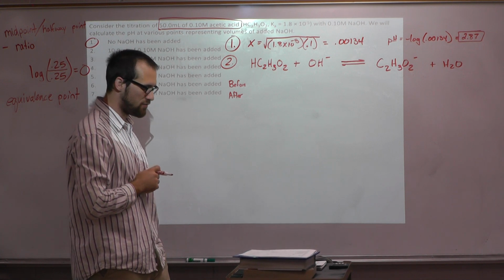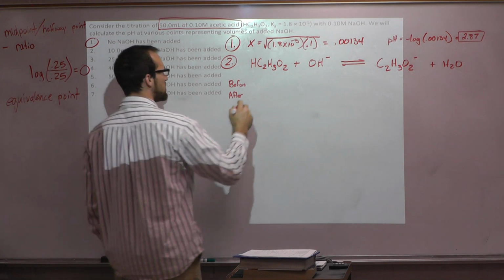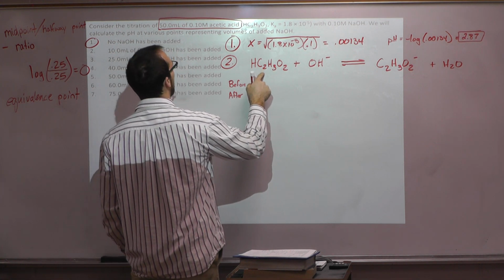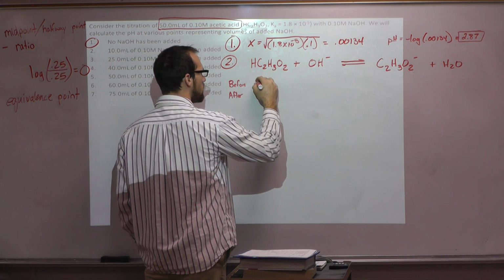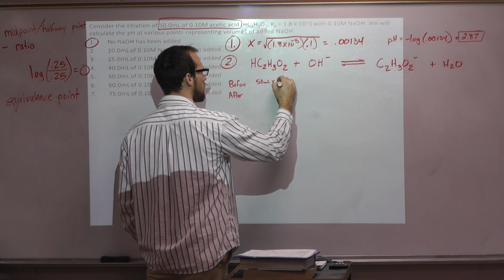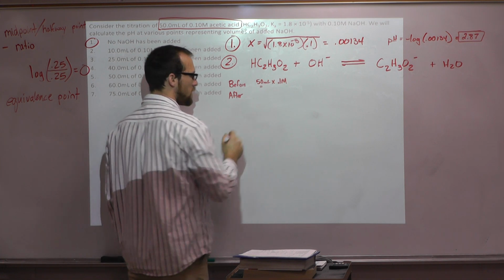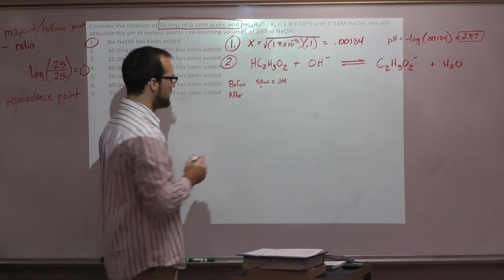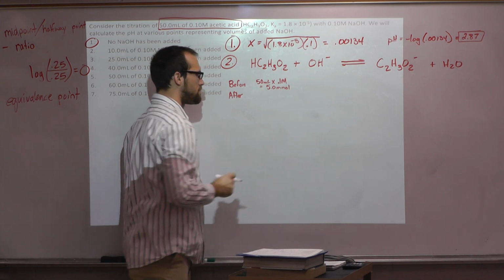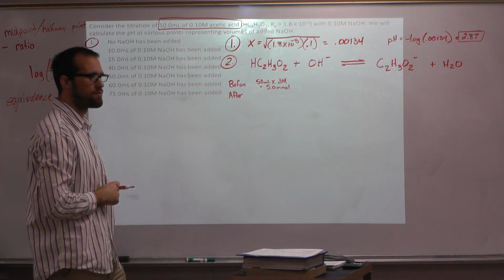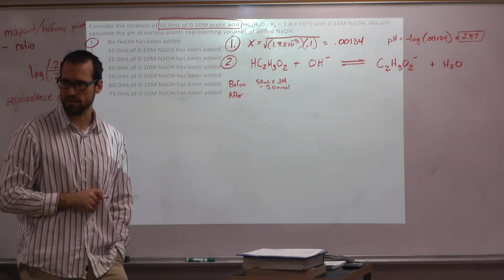Okay? We got to figure out the moles of each, and I'm going to just deal with millimoles. So, to begin with, I have 50 milliliters of the acid. What that gives me for a millimole number is 5 millimoles. We're going too fast.